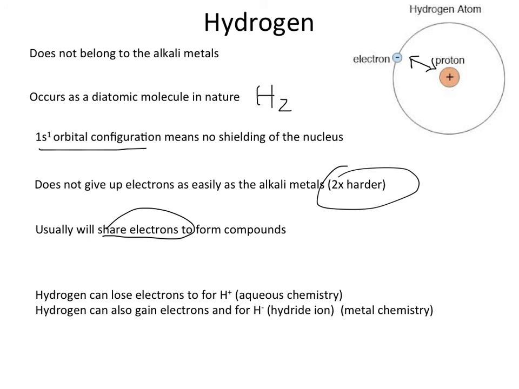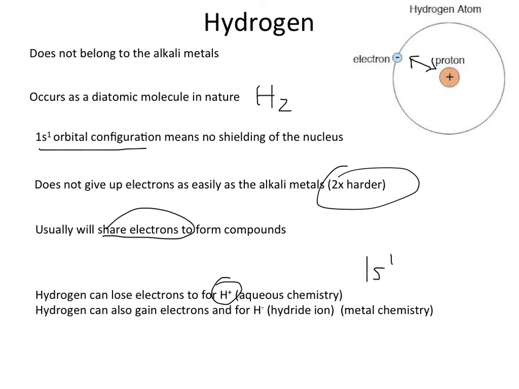So in aqueous chemistry, a lot of times we'll see the process where hydrogen is going to lose an electron and form an H+ ion. Okay, so a proton is what we'll call it sometimes in acid-base chemistry. So that H+ ion is caused by the removal of that exterior electron from that 1s1 orbital.